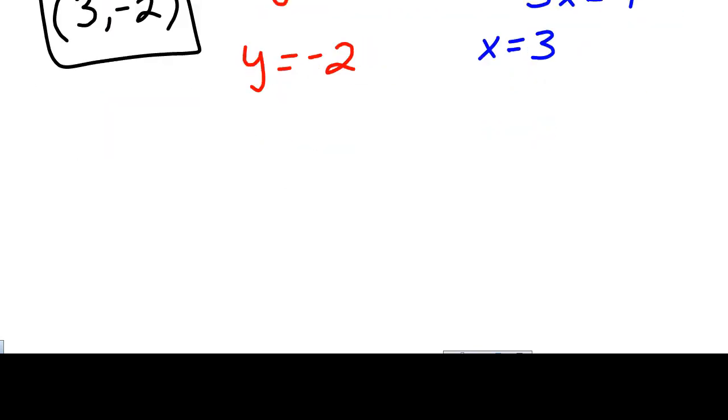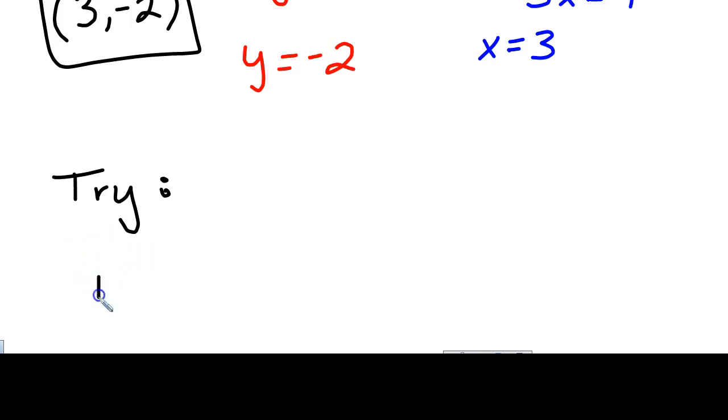Let's go ahead and give you some problems that you can try on your own first before your assignment. The directions are the same. Use the process of elimination to try to solve the system of equations.